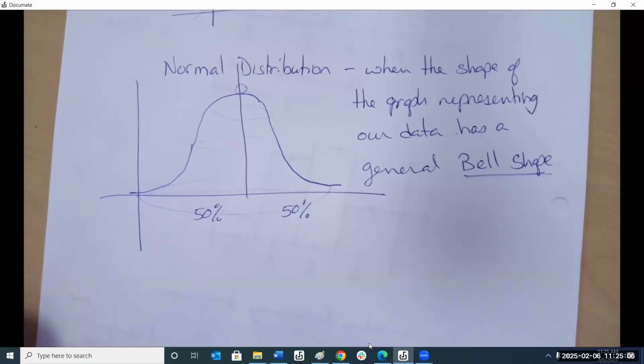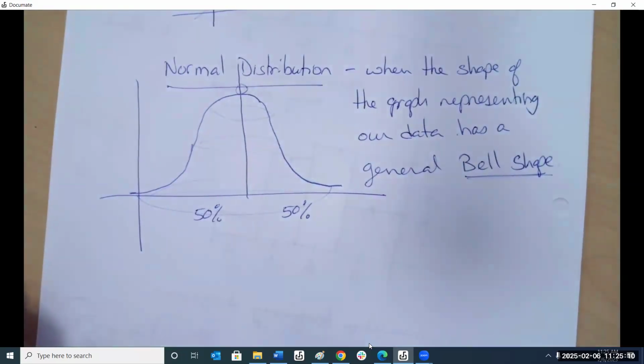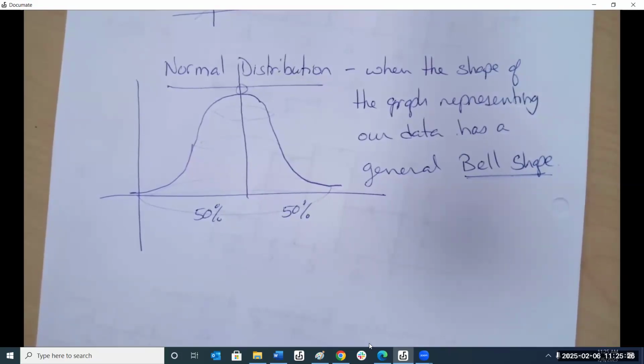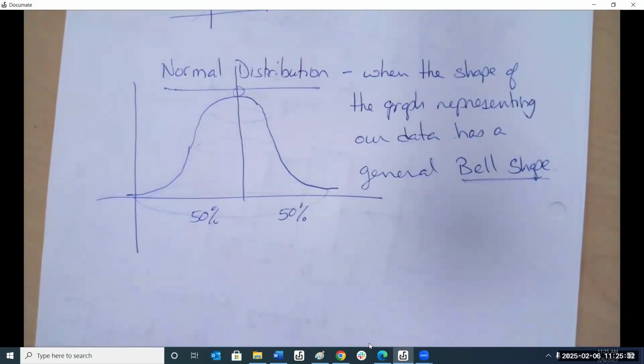If your data is bell-shaped or normally distributed, then we can do some calculations on it. So this is the optimal. If your data looks like this, you're in real good shape.